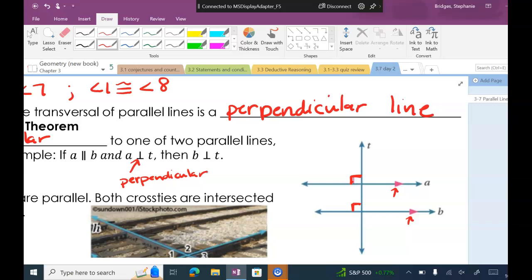I need to redo these notes altogether. We're missing something. So we talked about alternate interior angles. We talked about alternate exterior angles.